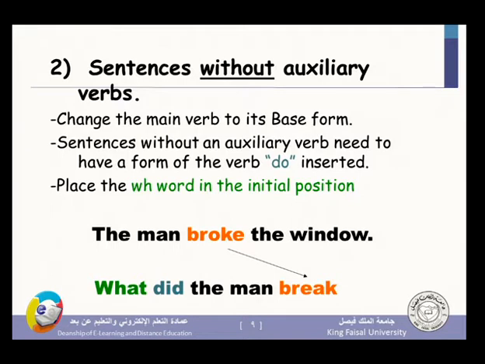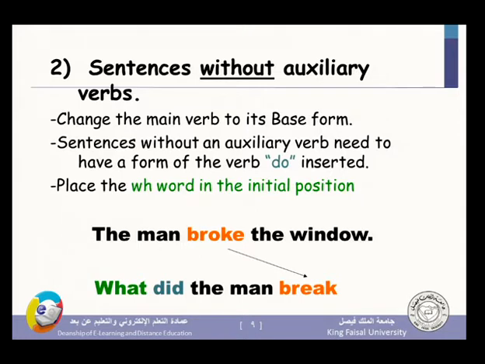Suppose now you know that the man broke the window, and you just want to know when. The same rule. Did the man break? Notice, once I say did, I couldn't say broke. Broke has to become again break as it was, which is the present or infinitive.